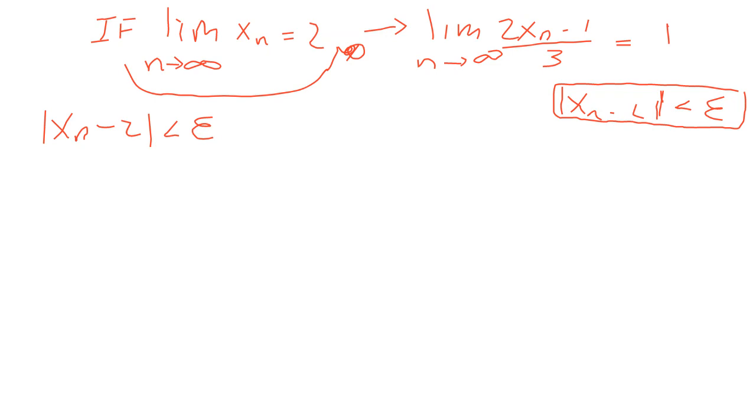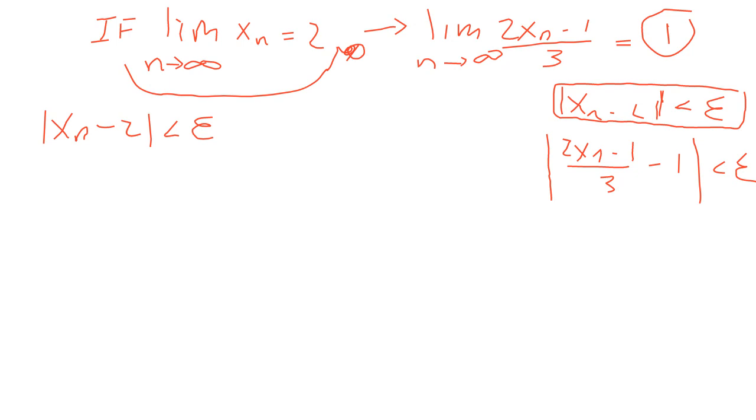What we want to prove, I'm going to show what we want to get right now. We want to show that the absolute value of (2x sub n minus 1) over 3 minus the limit that we're given, which is equal to 1, is less than epsilon. We have to pick a particular value that will make that true by using the one on the left.